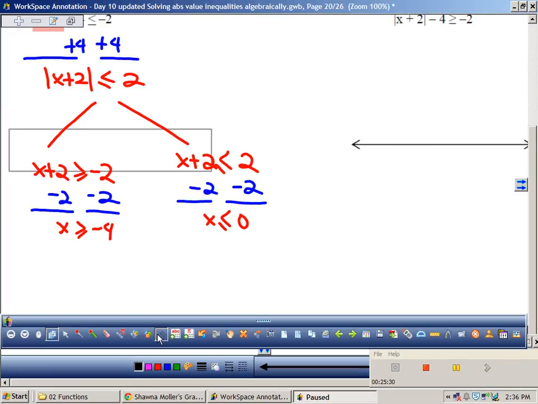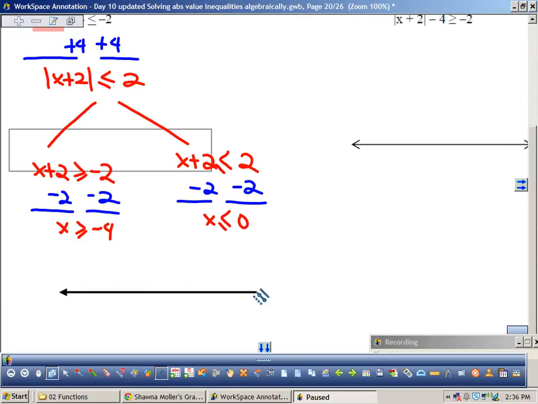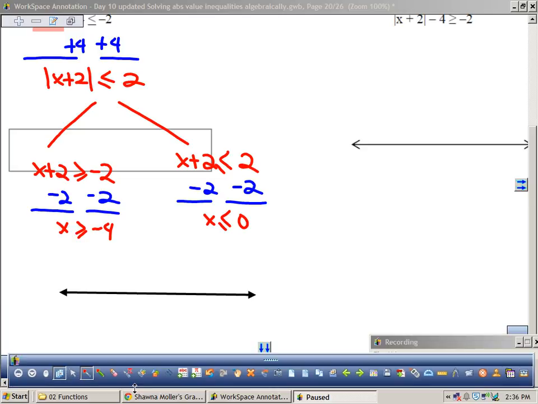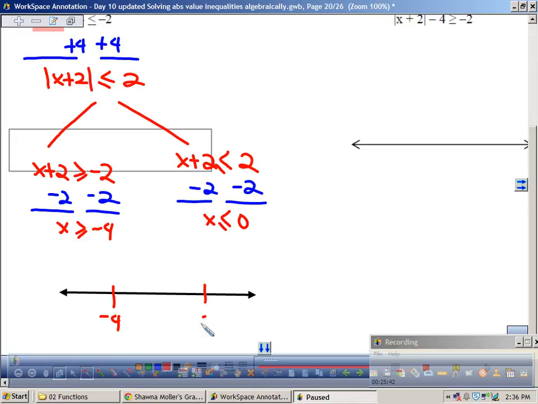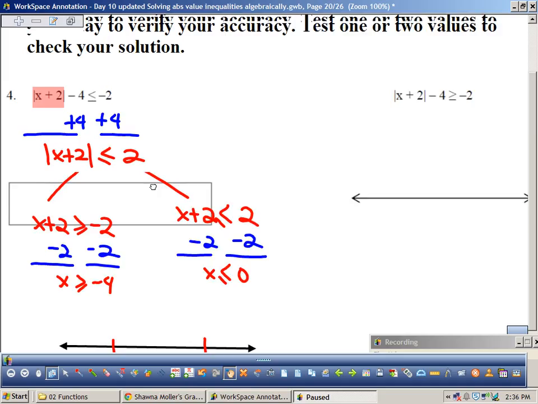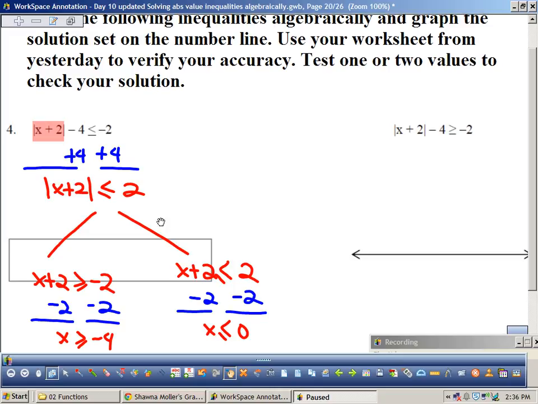Now I need to write that on a number line. So when I write that on the number line, I'm talking about a -4, so I might as well write -4. I'm also talking about a 0. 0 is bigger than -4. X is greater than, okay, let's look at this problem again. Less than.